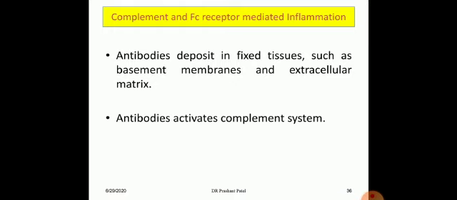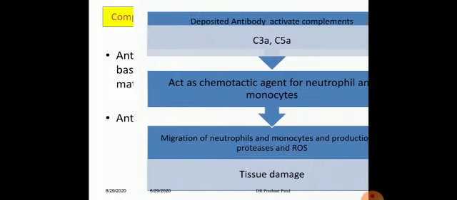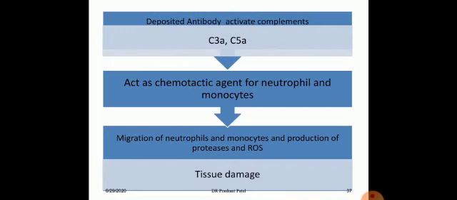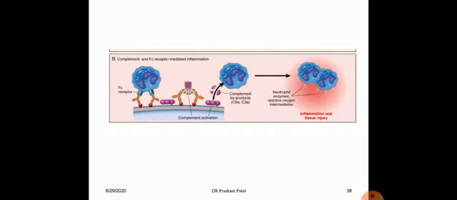Here antibodies are deposited in fixed tissue such as basement membrane and extracellular matrix, and this antibody activates the complement system. The complement products C3a and C5a act as chemotactic agents for neutrophils and monocytes, and the migration of these neutrophils and monocytes and production of proteases and reactive oxygen species induces tissue damage.